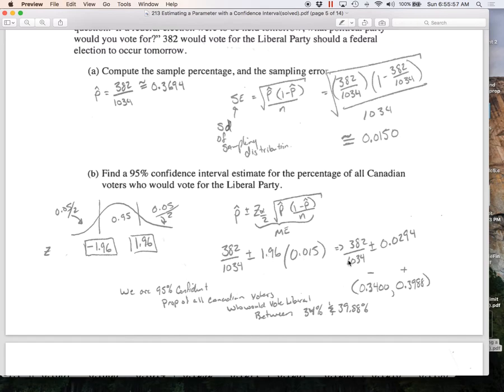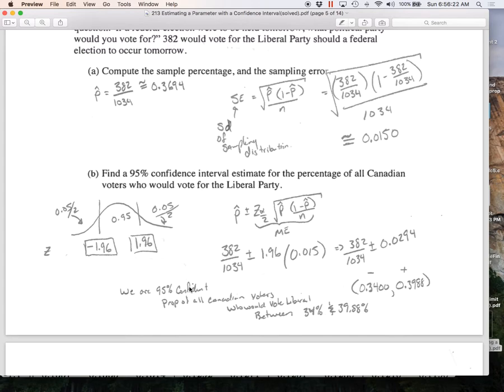So here we've got our point estimate and our margin of error. We can wrap up by saying we are 95% confident the proportion of all Canadians, not just our sample, but of all Canadians, this is of the population, who would vote Liberal, is between 34%, as you can see, and about 40%, as you can see here. So we are 95% sure.